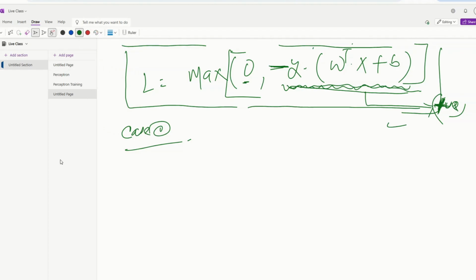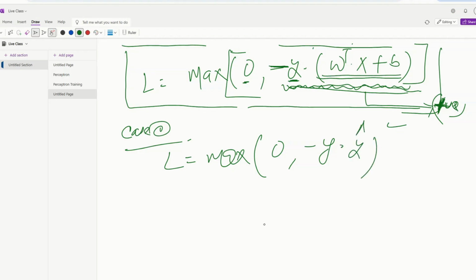Okay, so now come back. If I rewrite the same thing, 0 minus y, where y is the actual label. Can I write this second term as y predict? Yes or no?